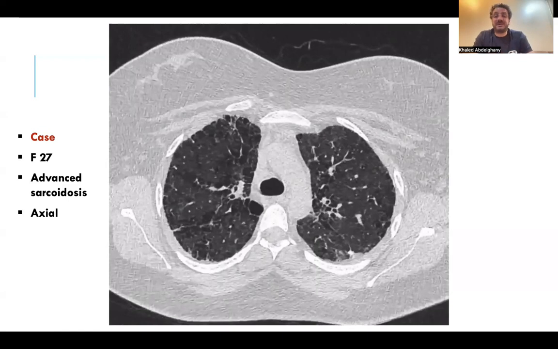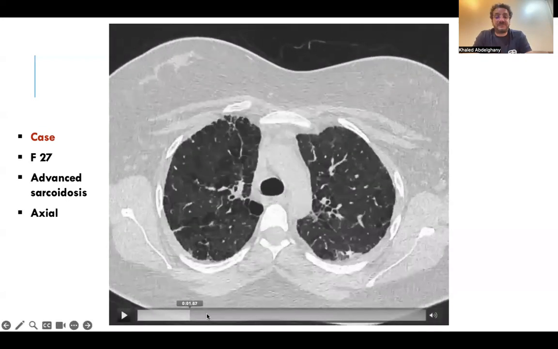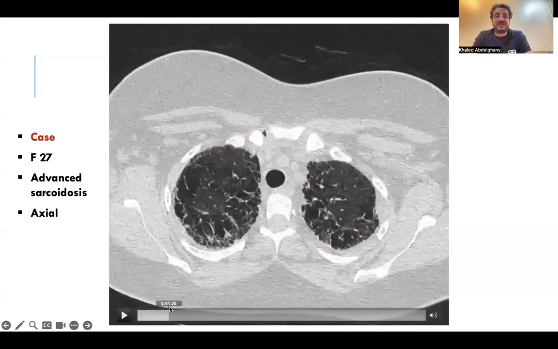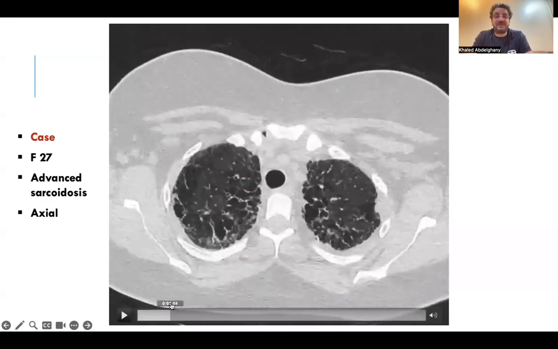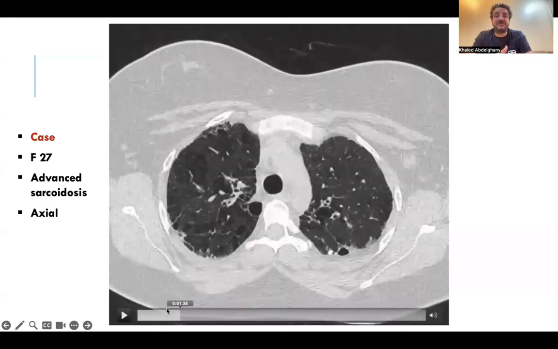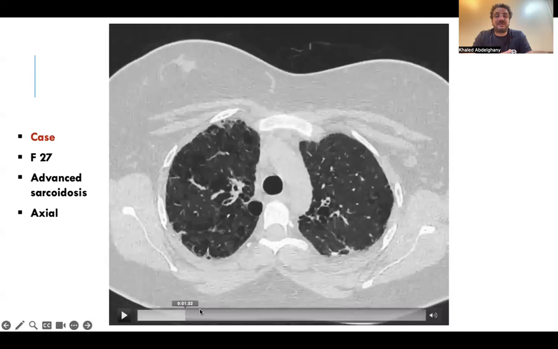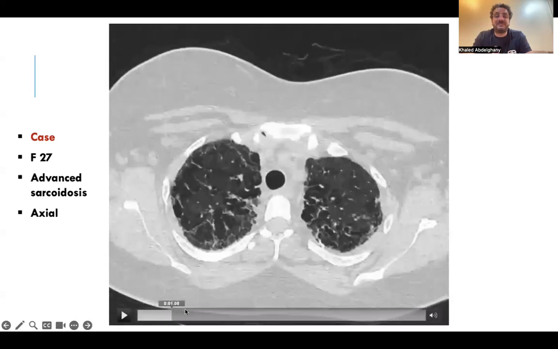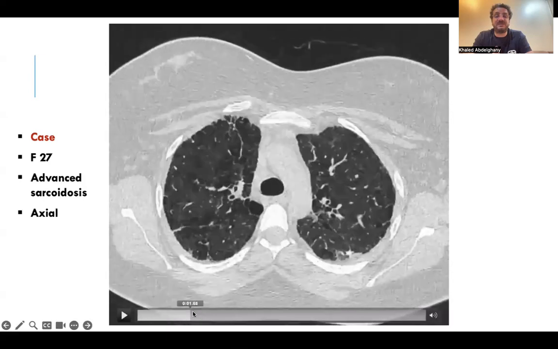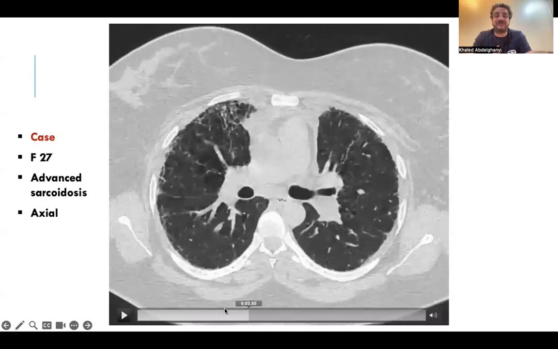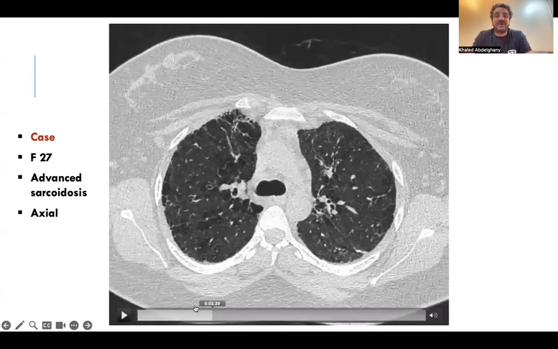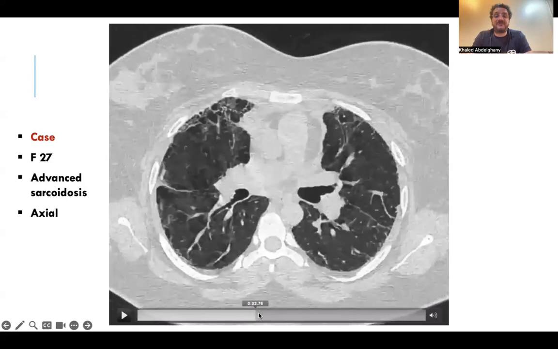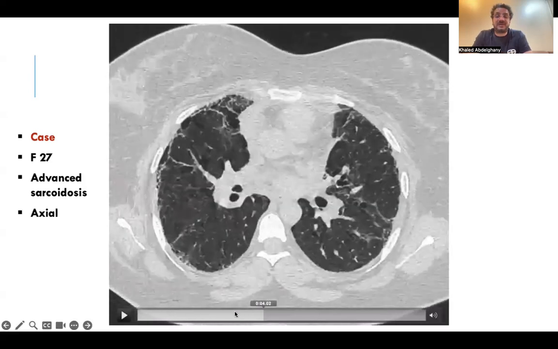And in the literature, personally, I didn't read that paracicatricial emphysema can happen in a systemic disease or in a fibrosing lung disease. It can be seen as a complication of TB, can be seen in COVID-19 pneumonia sequelae, but in IPF or other progressive pulmonary fibrosis, it's not the case.